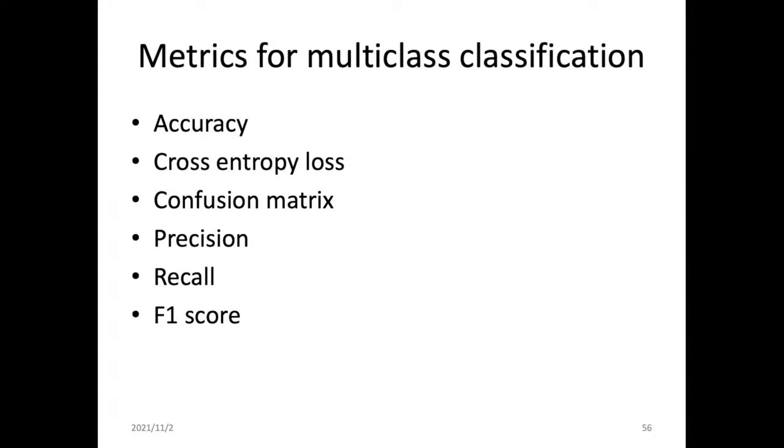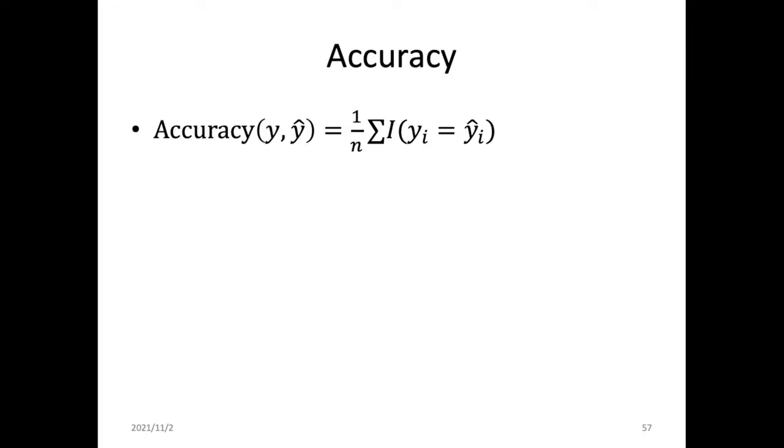So next, I will introduce some metrics for multi-class classification. Last time we spent quite some time introducing the metrics for binary classification. Now we will discuss multi-class classification, which might be relevant to the binary case, but is still different. The first one, very straightforward, is accuracy.